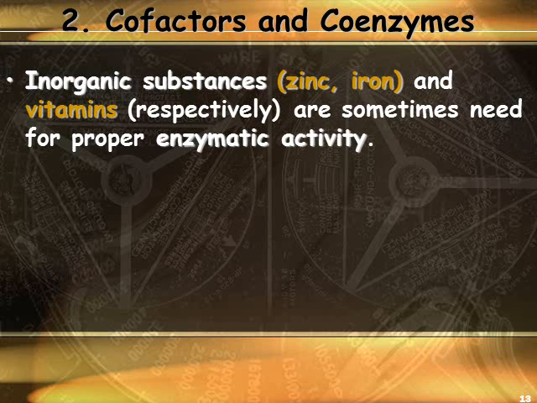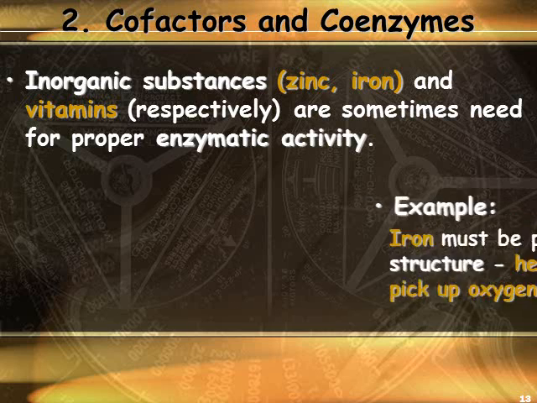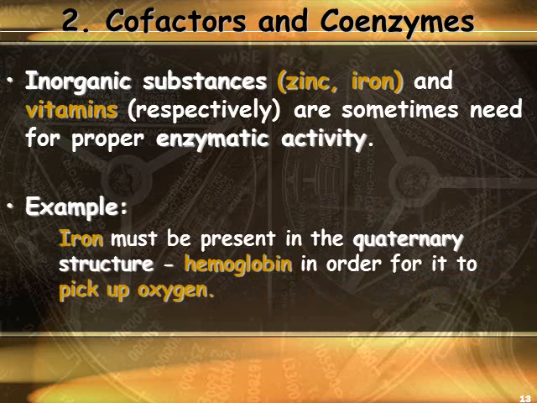Cofactors, I've sort of hinted at these, cofactors and coenzymes. Sometimes the enzymes require some other things to be able to work a little bit better. So sometimes the enzyme will require either some inorganic or organic substances for proper activity.